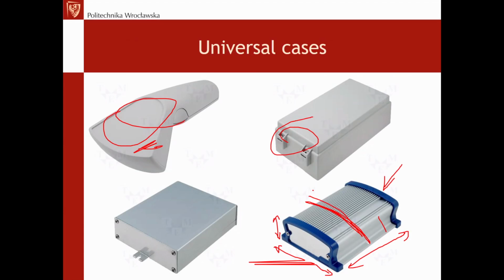You have to live with the possibility that the case will disappear in the future, and with the necessity to analyze the case, or to think about the case, already between the schematic and the PCB design. So in this point in the design process, that's where you need to think about it.